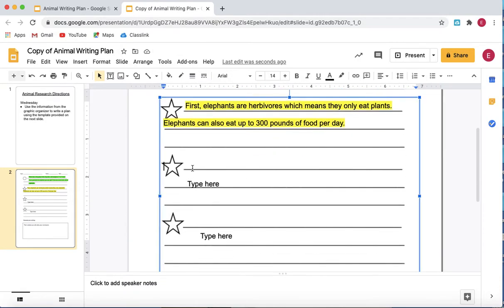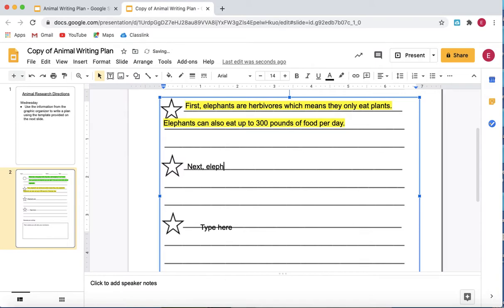All right, my next star. So I talked about what elephants eat. Now I'm going to look at my graphic organizer, and I want to go to that next box, which is behavior. So I'm going to write here, when I was doing my research, I found that elephants are very social animals and they sometimes hug by wrapping their trunks together. So I'm going to write that. Oh, I'm missing my transition word. See, I'm going to put next.